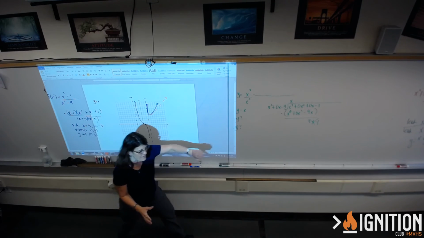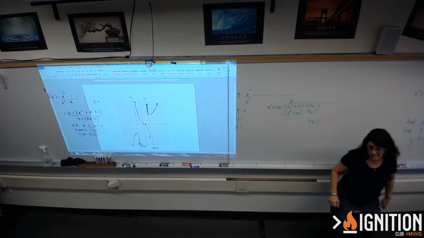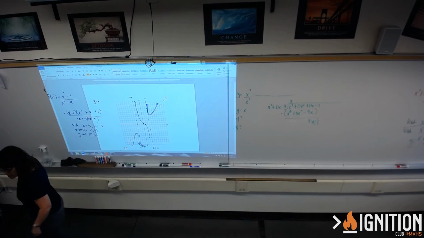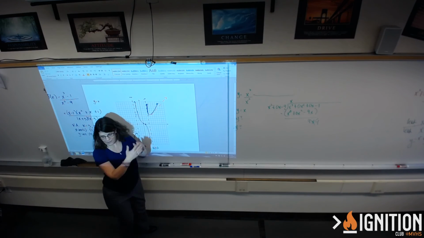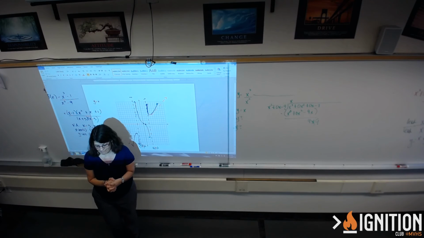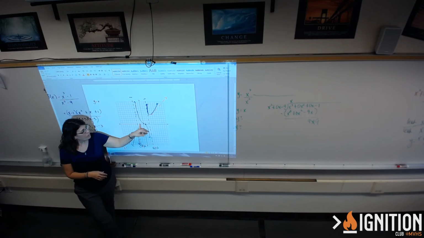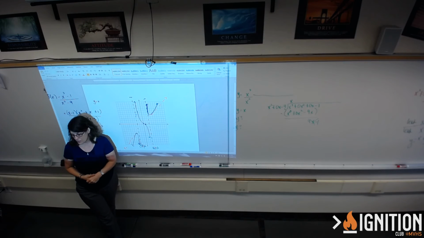Why? Because infinity is way down here, and negative infinity is way down there. 3 and negative 3 are like here. So if you draw the oblique or horizontal end behavior in between vertical asymptotes, nope.